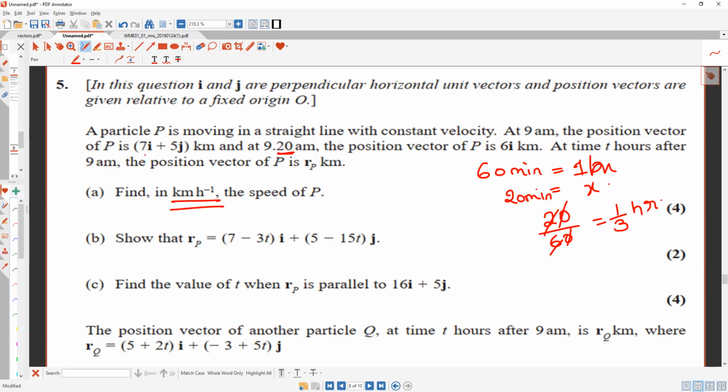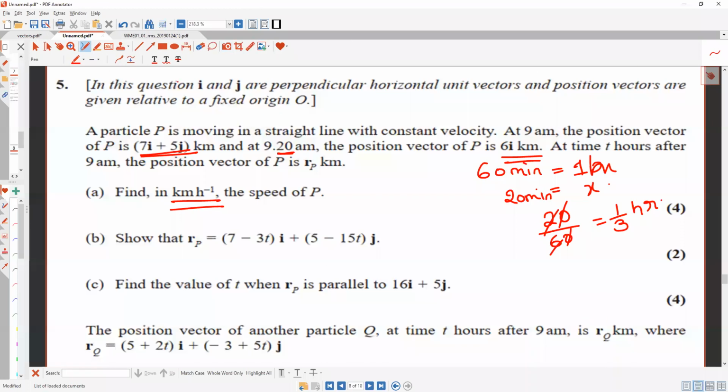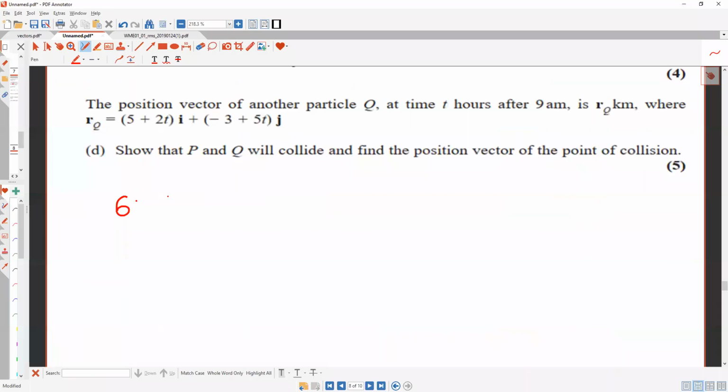This is your initial position vector, and this is your final position vector. What is the initial position vector? 7i plus 5j. So your final position vector is 6i is equal to 7i plus 5j plus v into t.